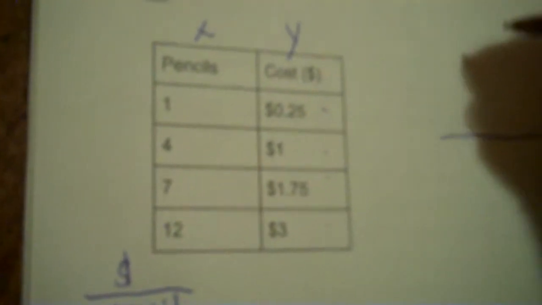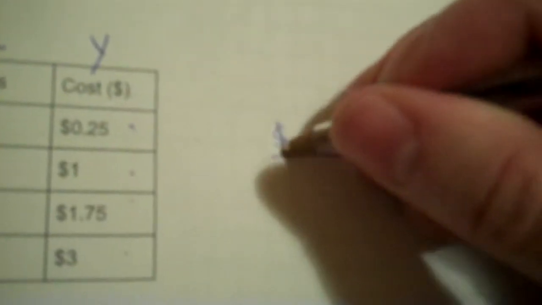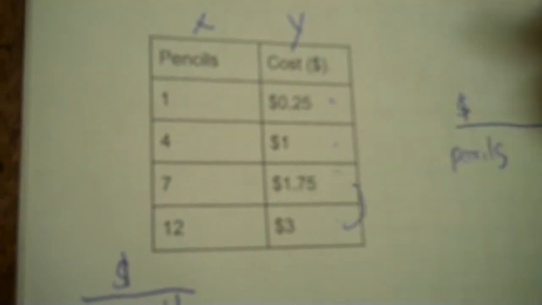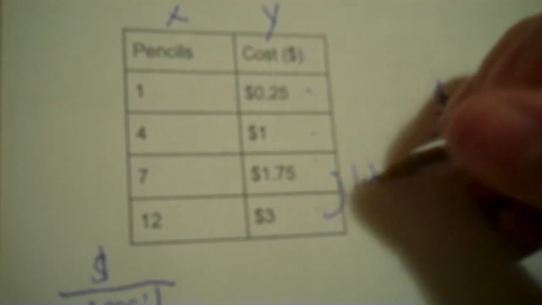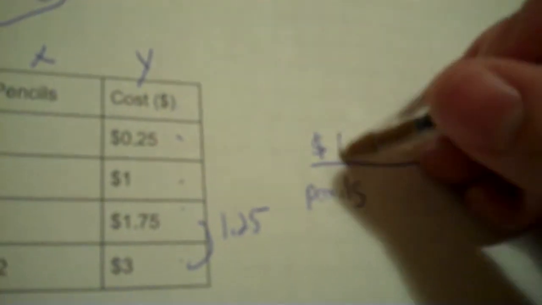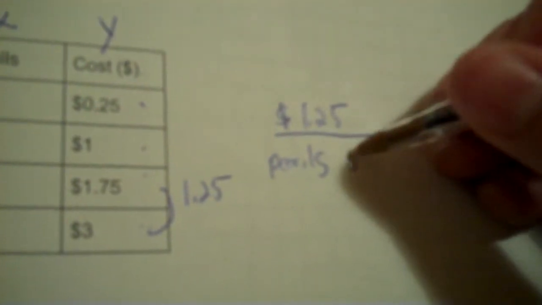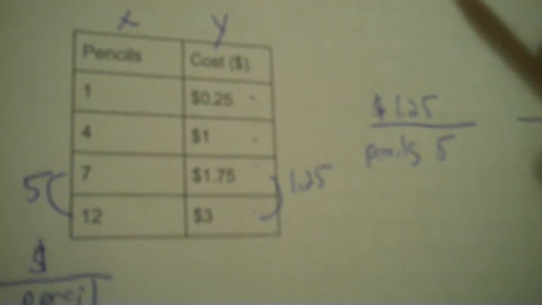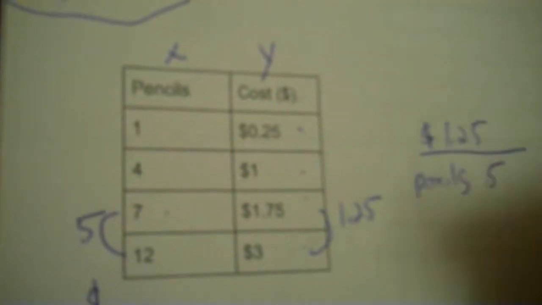Okay, so first off, and again, we want to be taking our dollars and our pencils, okay? So $3 minus $1.75 is $1.25. In the meantime, 12 minus 7 is 5. So that's $1.25 for 5 pencils. The cost went up $1.25 from buying 5 pencils.